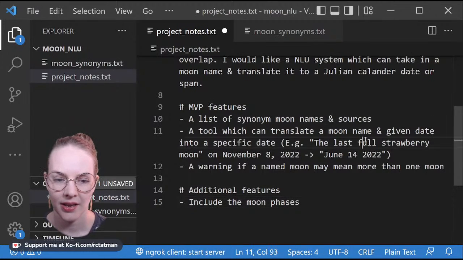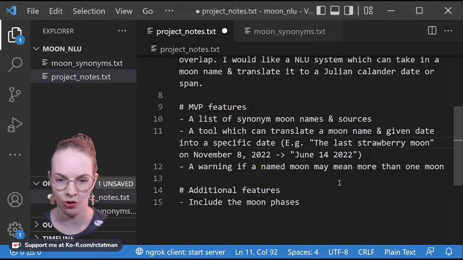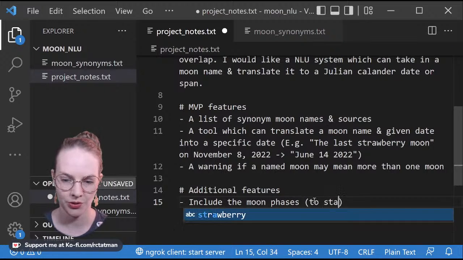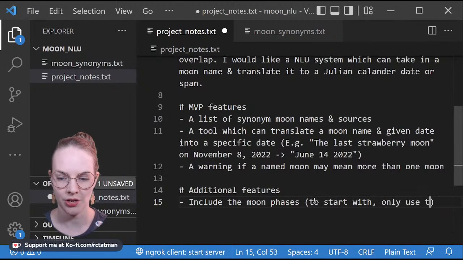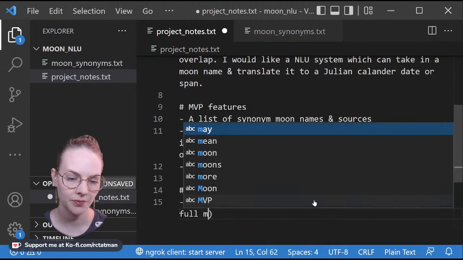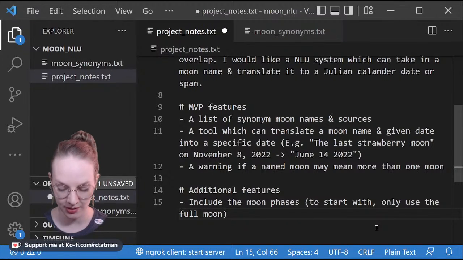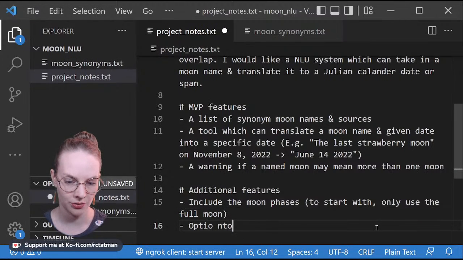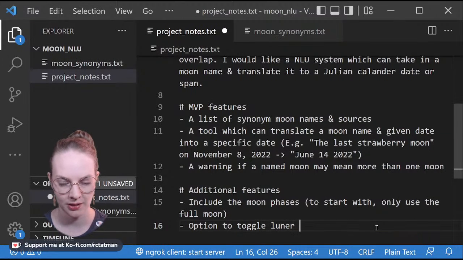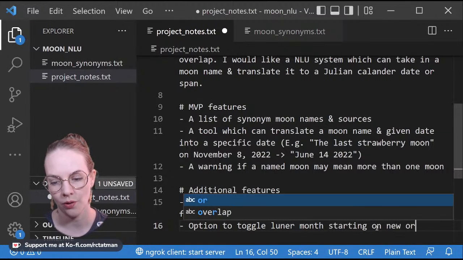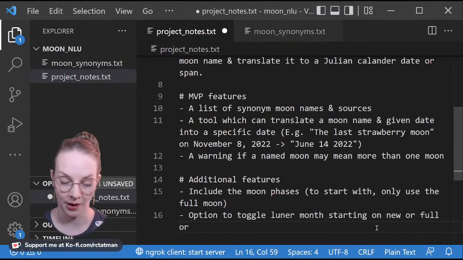Actually, I'm not going to include the full there. To start with, only use the full moon, right? Because once we include the phases, then we have to answer the question, is a lunar month, option to toggle lunar month starting on new or full or half moon.